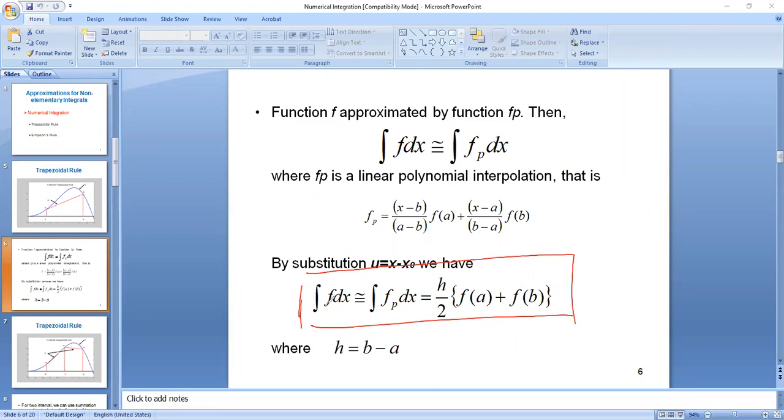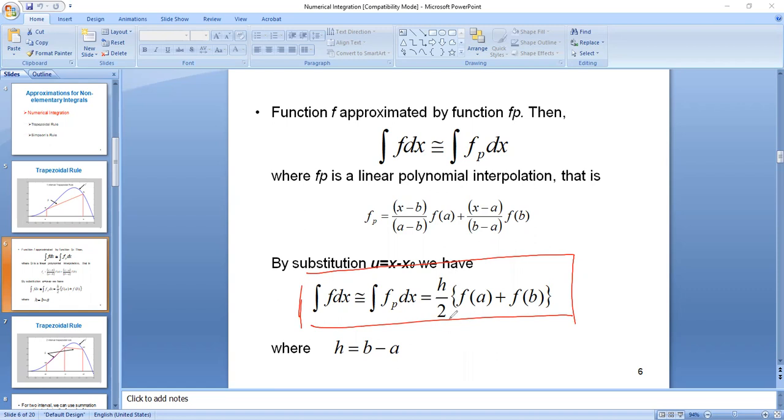You can see here, the integral of the function is more or less equal, you see this congruent symbol, to the integral of the function of p. What is the function of p? The function of p is that of the trapezoid, because the function is that of the curve as shown to you a while ago. So this is the formula.